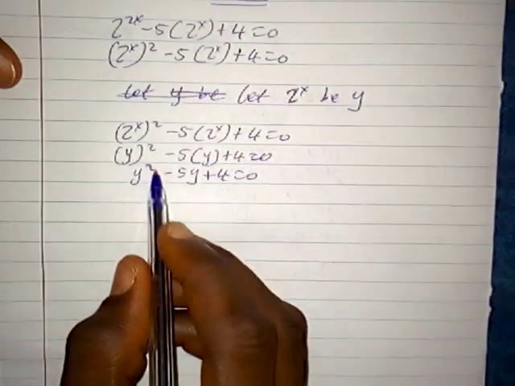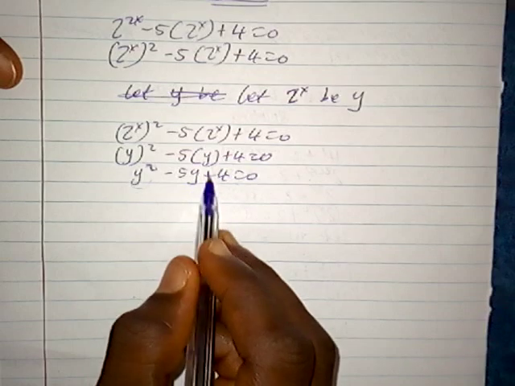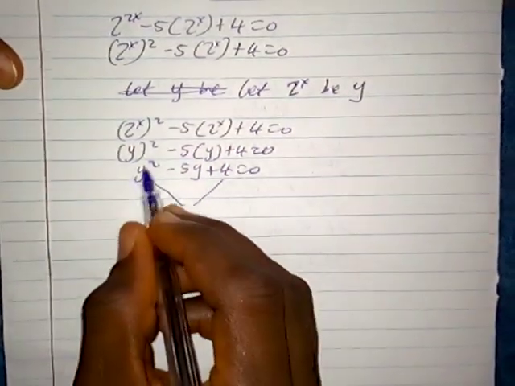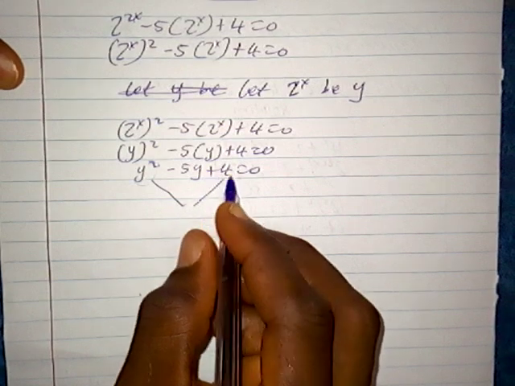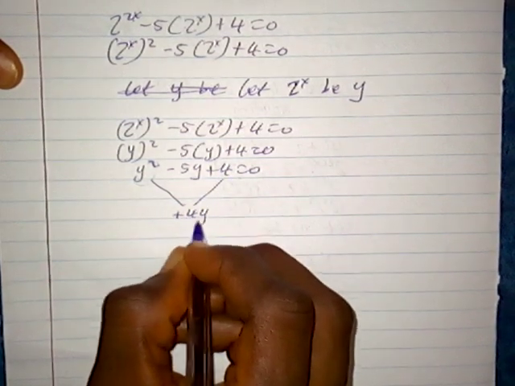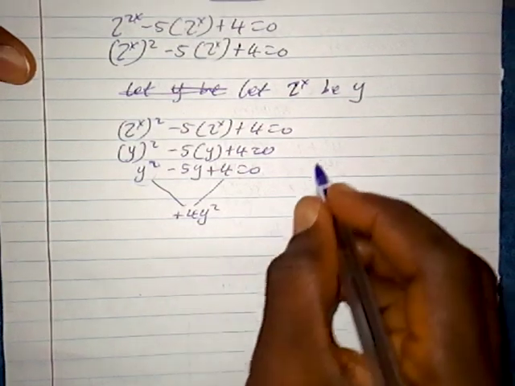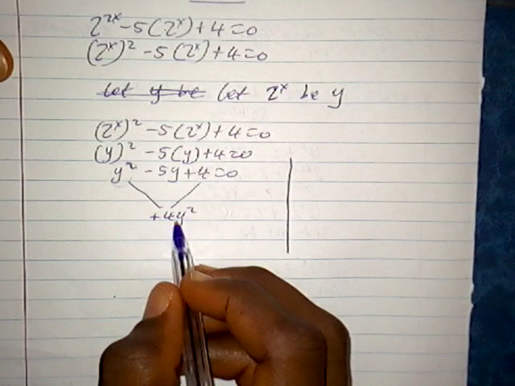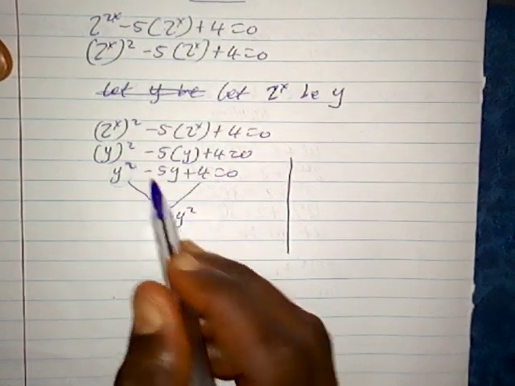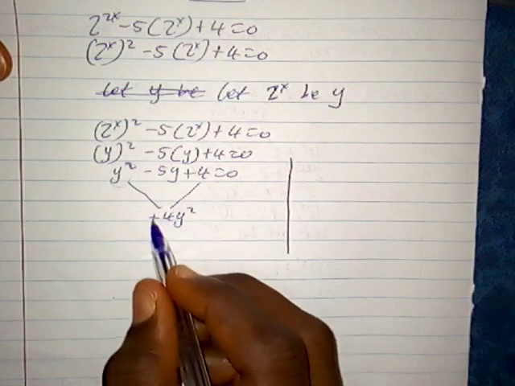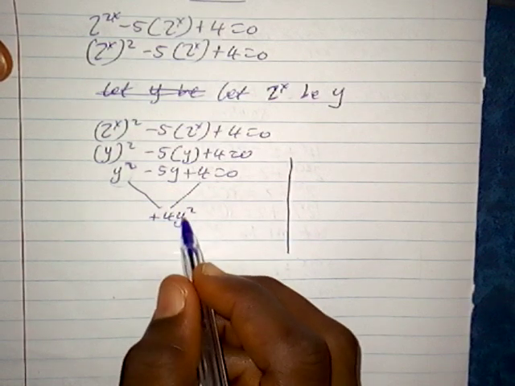Right? Now we multiply the first term and the last term, including their signs. So y squared times plus 4 is just plus 4y squared. You see, after multiplying, what is the next step? We are going to find two terms that, if you add them, give you minus 5y, and if you multiply them, give you plus 4y squared.